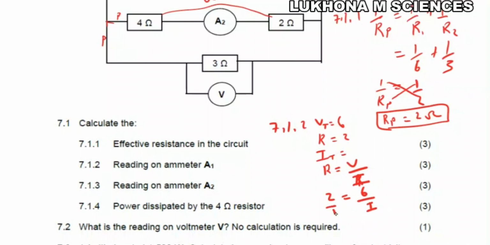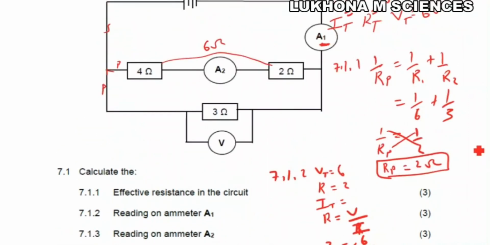Okay, then we cross multiply. 2 times I is 2I, which is equal to 1 times 6, which is 6. Then we divide by 2 on both sides. I is equal to 3 amperes. So the total current is 3 amperes.